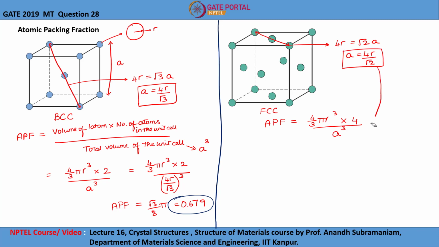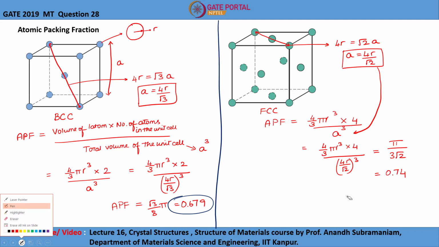On substituting the value of a in this equation, we will be getting 4 by 3 pi r cube multiplied by 4 divided by 4r by root 2 the whole cube, which on further equating will be pi by 3 root 2, whose value will be 0.74. So the atomic packing fraction for FCC will be 0.74.